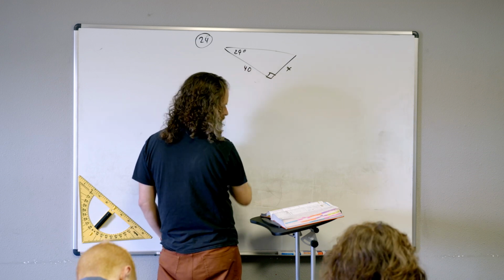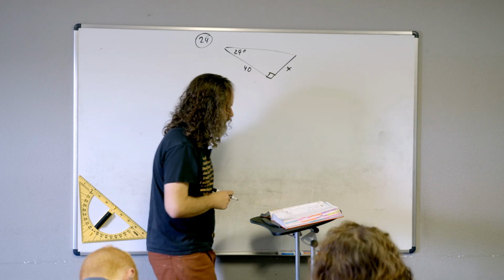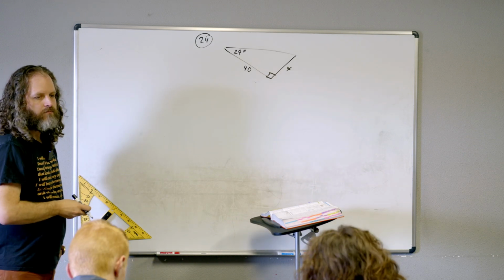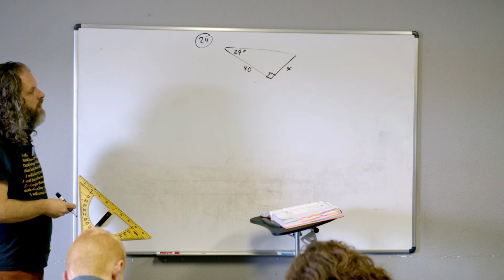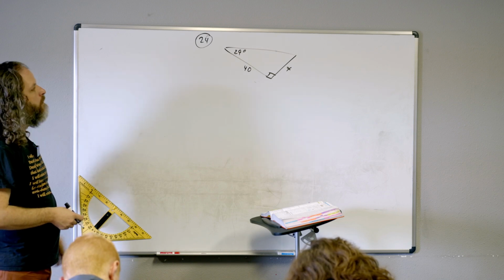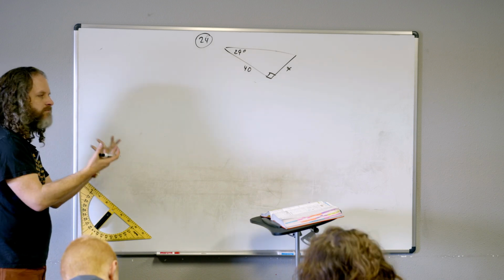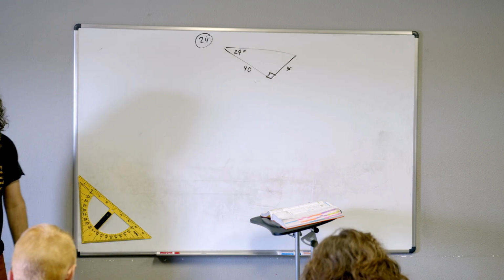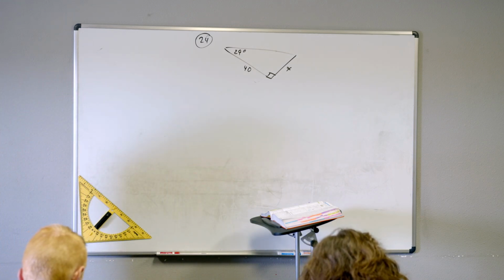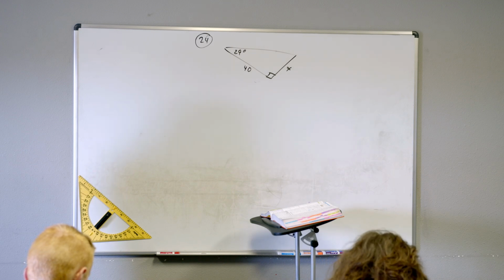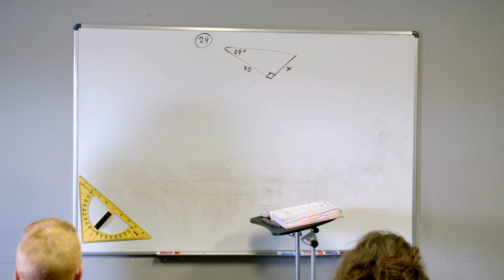Okay. We're supposed to solve for x, rounding to the nearest tenth if necessary. What do we do? We should start with which trig function is happening in this problem. To get x over 40, with x in the numerator, we're going to need opposite over adjacent.